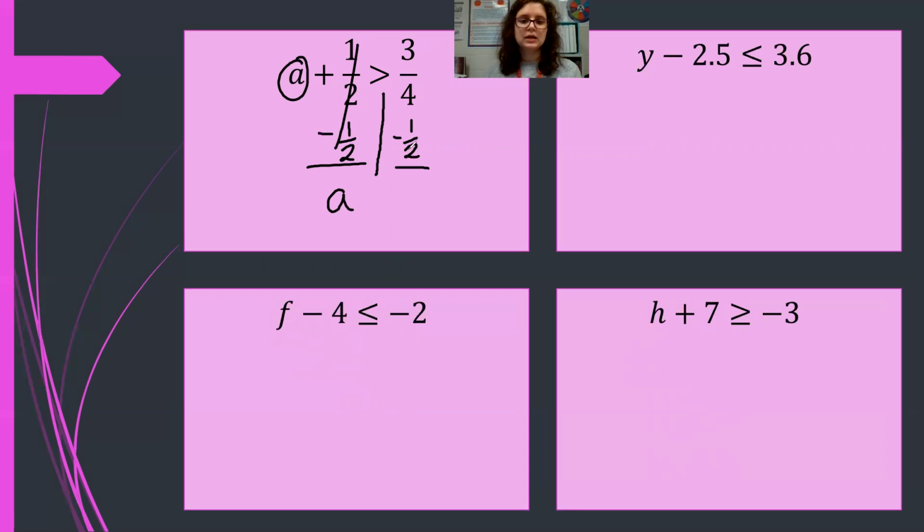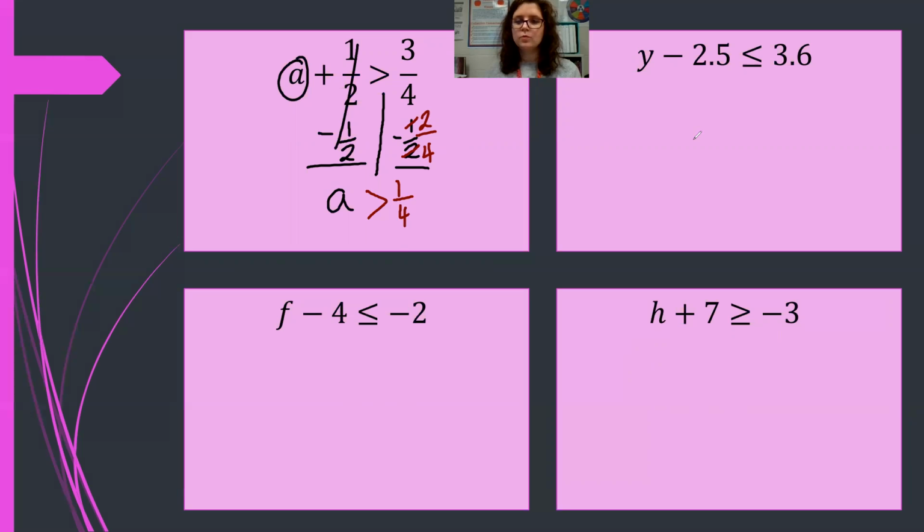So I'm going to change my second fraction into something that has a common denominator. 2 can easily be changed into a 4 by multiplying by 2. And what I do to my denominator, I have to do to my numerator. 3/4 take away 2/4 leaves us with 1/4. A is greater than 1/4.